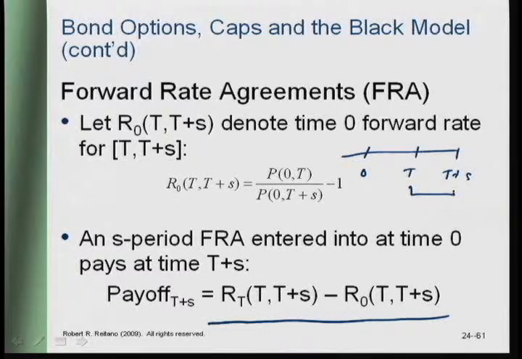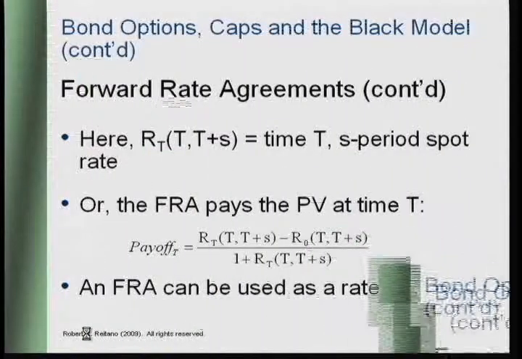So basically a forward rate agreement requires a payment equal to the difference between the prevailing spot rate at time capital T and the predicted spot rate, which is the forward rate as of time zero. That's what a forward rate agreement does.